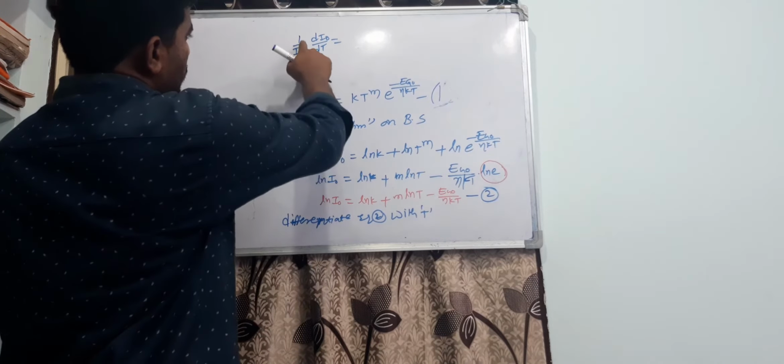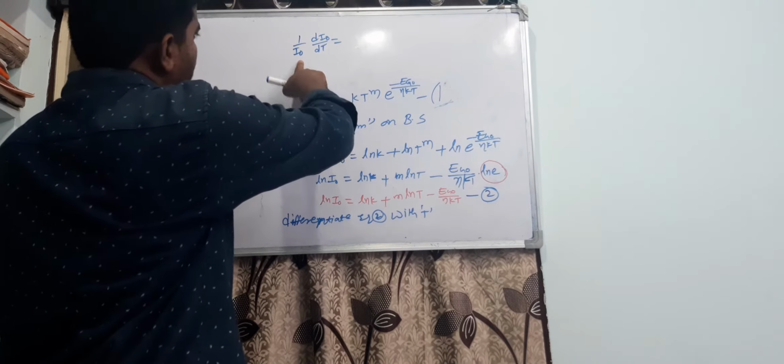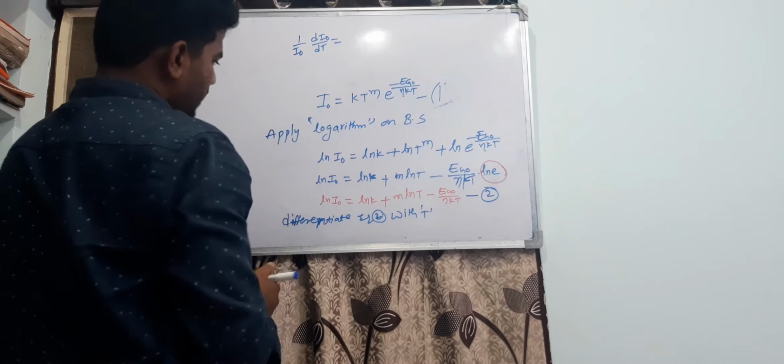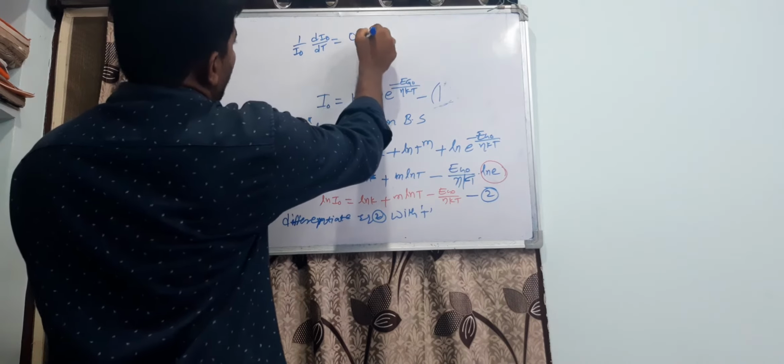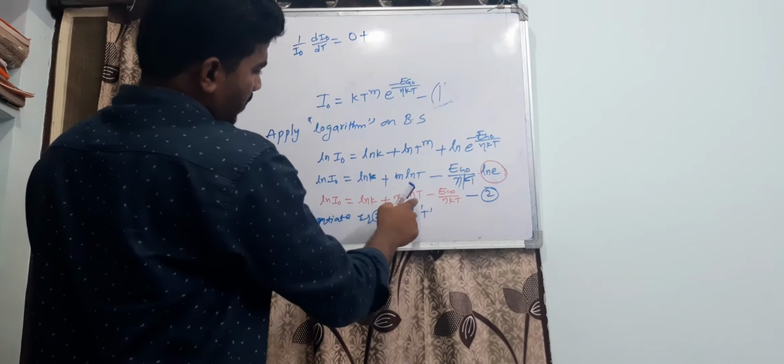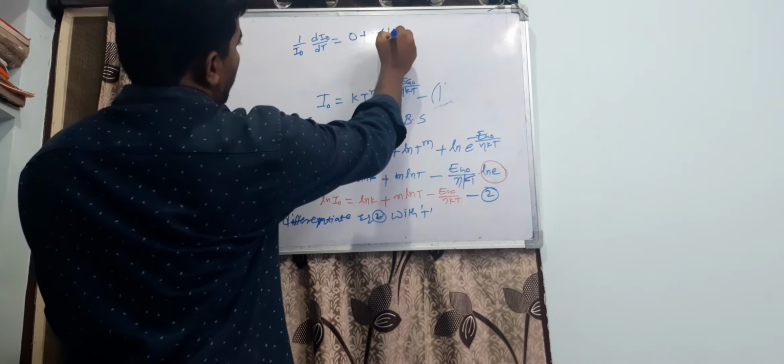Differentiation of logarithm is 1 by x into dx by dt, which is equal to... what is the differentiation of a constant? Differentiation of a constant value will be 0. And what is the differentiation of ln t? m into 1 by t.